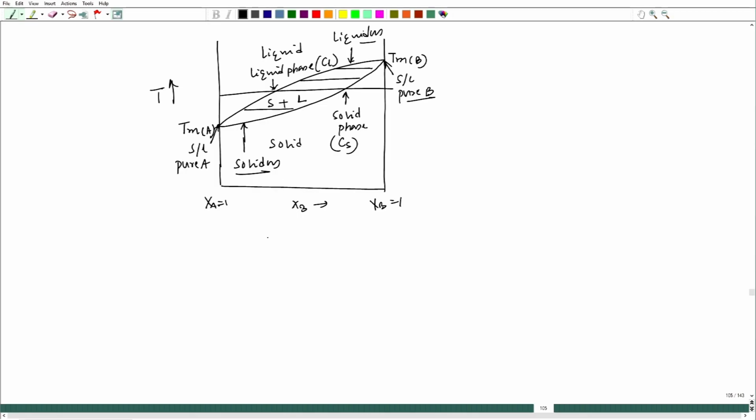That we will do in the next lecture, and we will also find equations considering the ideal solid solution as well as liquid solution approach, and by solving those equations we can get such phase diagrams. So this is called an isomorphous phase diagram.